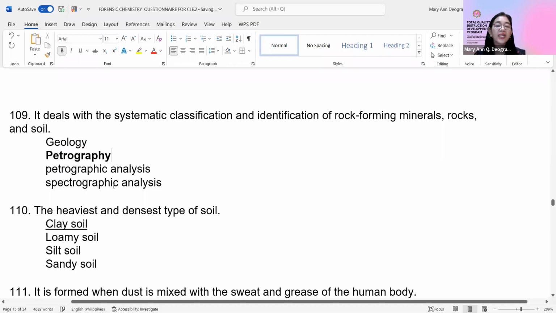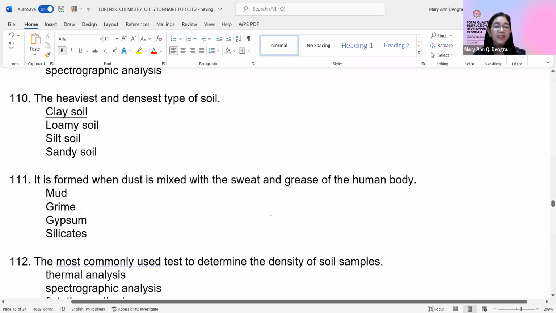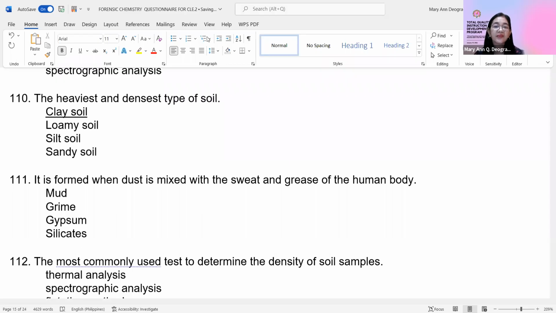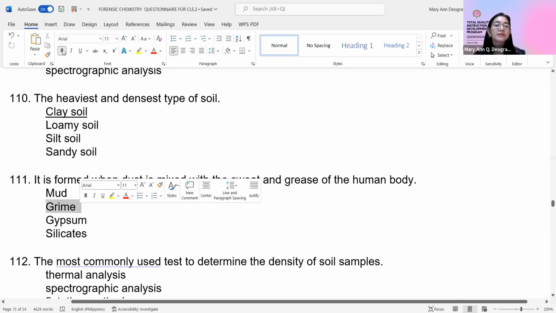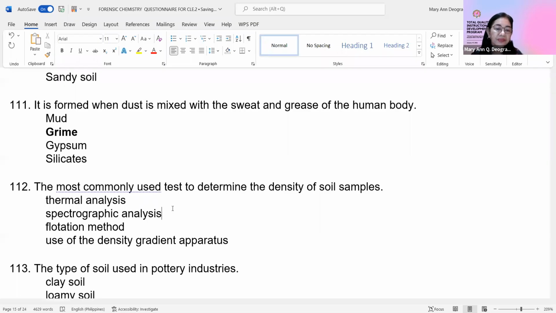It is formed when dust is mixed with the sweat and grease of the human body. Alin dito ang sagot? Mud, grime, gypsum, silicates. Grime. Okay, grime is libag. All right. The most commonly used test to determine the density of soil analysis.